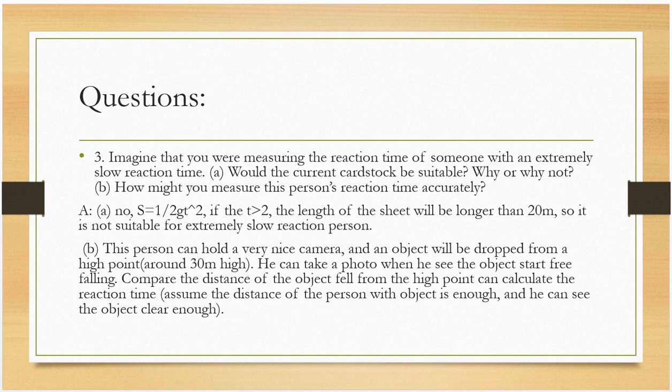He can take a photo when he sees the object start free falling. Compare the distance the object fell from the high point, and we can calculate the reaction time. Assume the distance between the person and the object is enough, and he can see the object clearly enough.